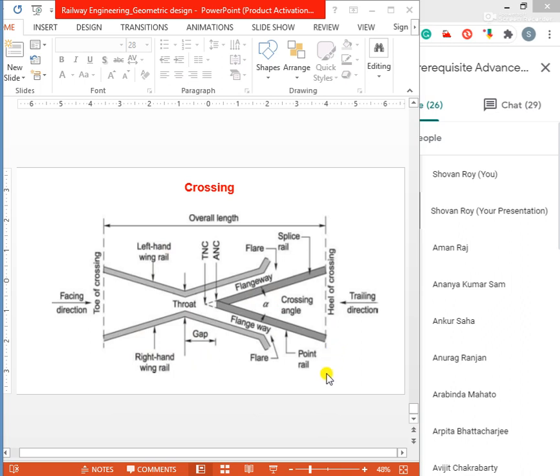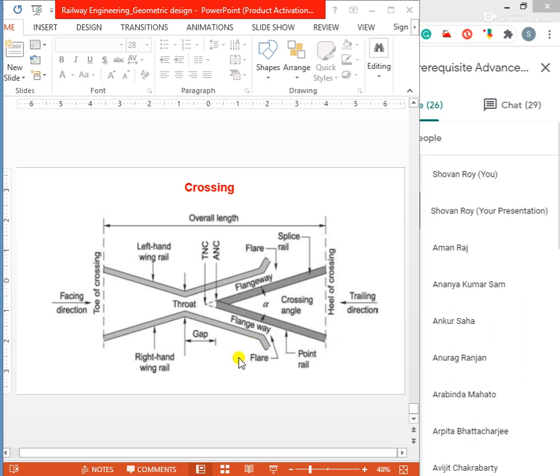Okay, these are not important. So point rail, this cross angle is a complete setup normally made for the crossing.